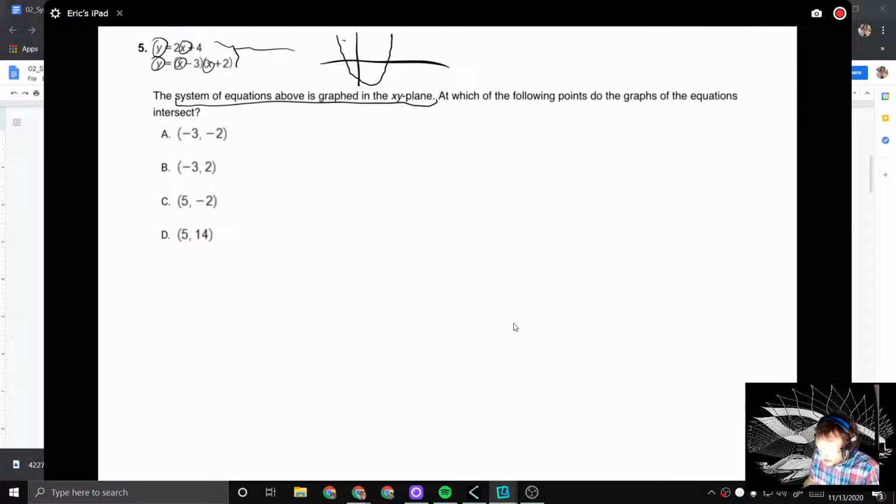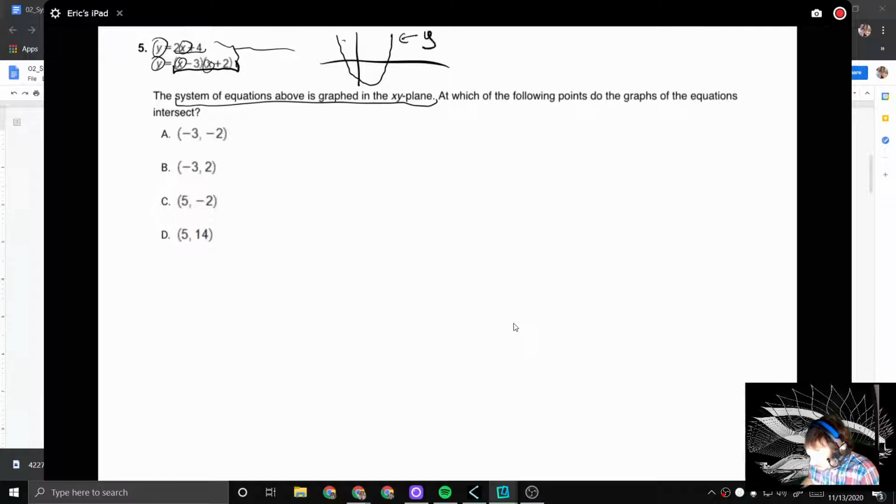And this parabola looks like, well, I don't quite know what it looks like. There's some tricks that I could show you to figure out what it looks like. That's not a parabola. This is a parabola that looks like this.